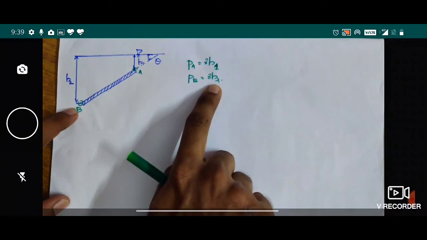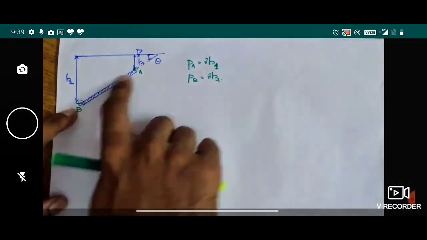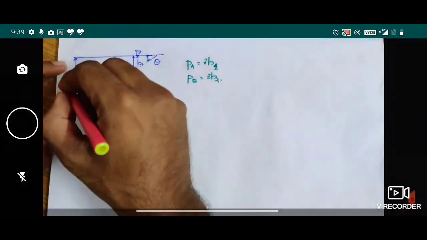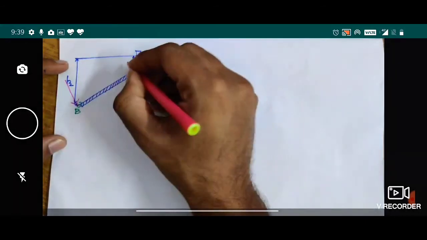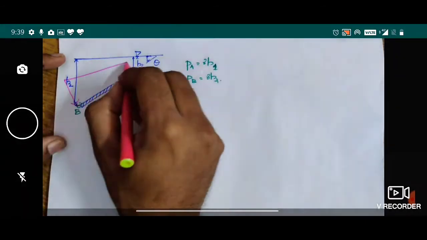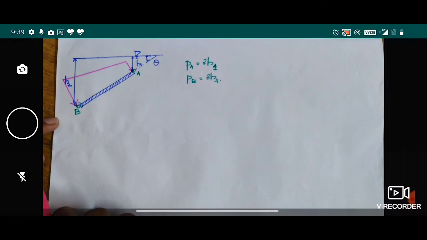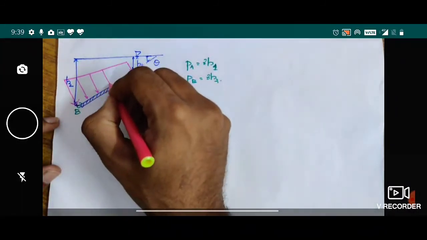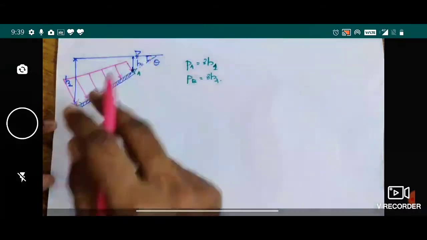So how will the pressure be acting? I've already told you that the pressure always acts perpendicular to the surface. So your pressure will be acting like this. Here the pressure will be less. So the pressure variation is like this. It's a trapezoidal variation, uniformly or linearly varying.